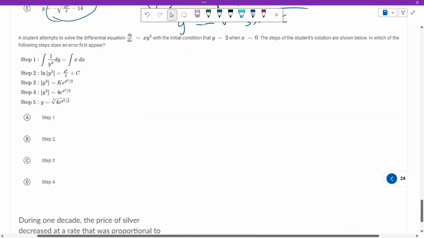A student attempts this differential equation. Did they get it right or did they go wrong? Did they separate the variables correctly in step 1? Yep. Did they integrate properly in step 2?